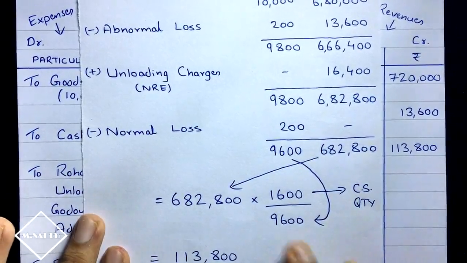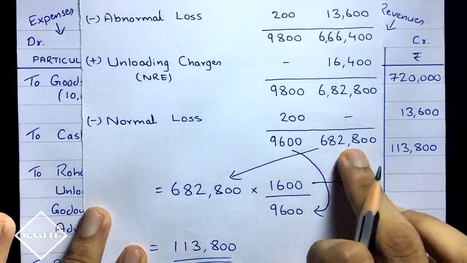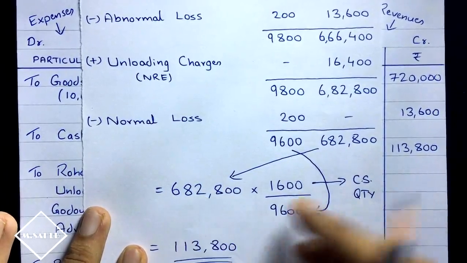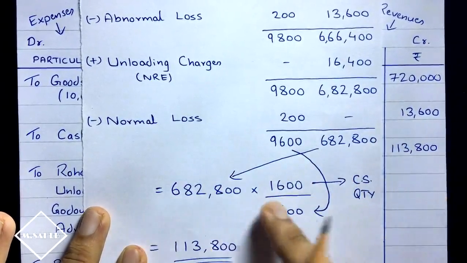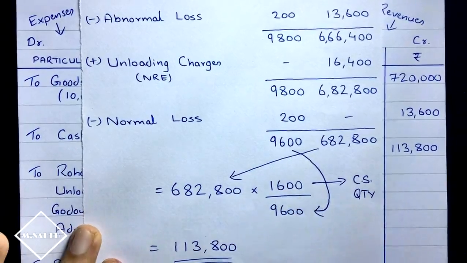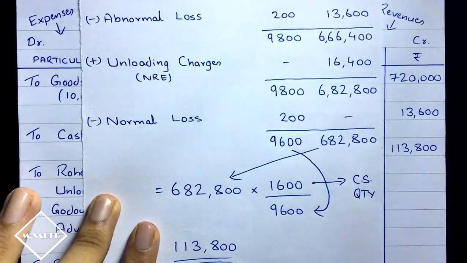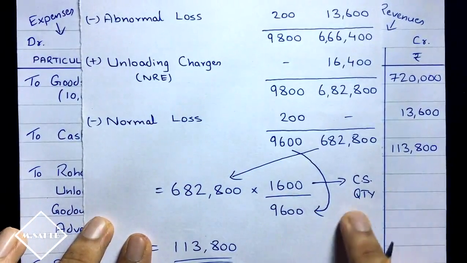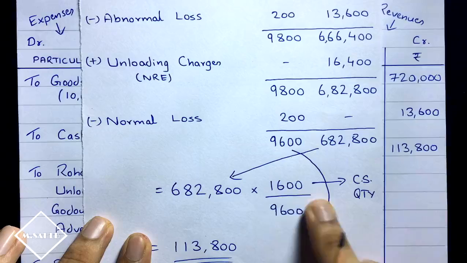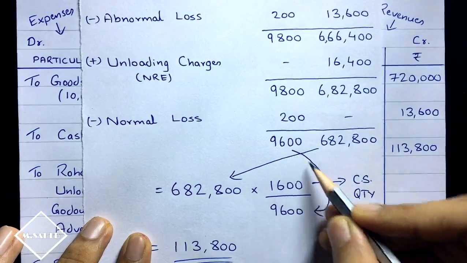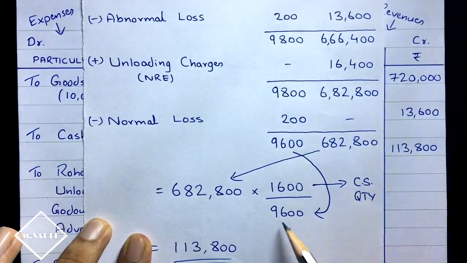See, 6,82,800, you have to take this, okay. This is the value, okay, the last value you have to take into the closing stock quantity. We have found out the closing stock quantity, right? Closing stock quantity, yes, you have to take that 1,600 closing stock quantity, and then divided by this quantity, that is before sales quantity, okay, 9,600.